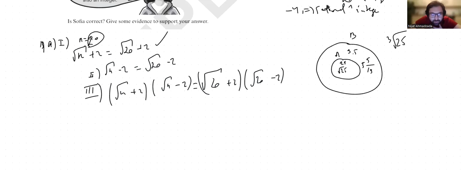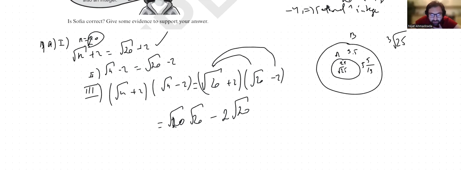So we are just going to expand the brackets. Square root of 20 times square root of 20, minus 2 times square root of 20, plus 2 times square root of 20, minus 2 times 2, right?